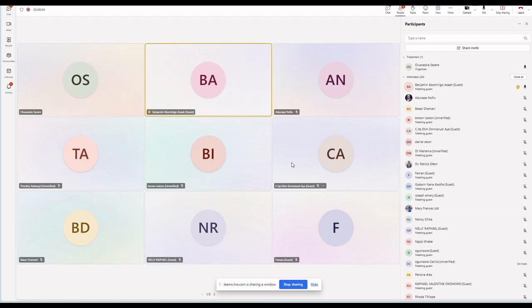Let me start with the last question. I will advise that you don't do that, because if you do that, it will elongate your time of graduation.